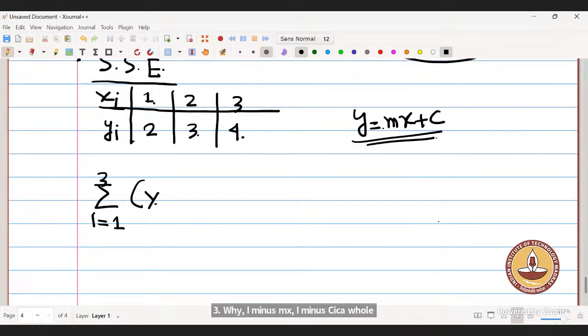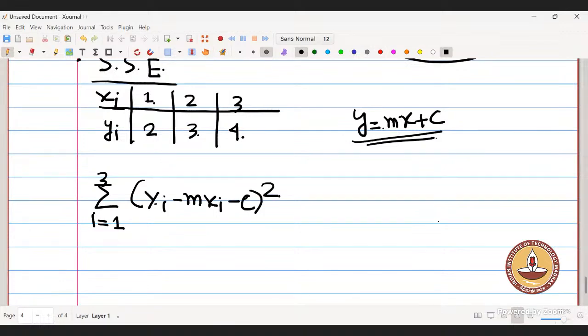Correct. yi minus m xi minus c whole square. So here the number of points is basically 3, so that's why we're taking this as 3. If some arbitrary number is given, you can take i from 1 to m, right?